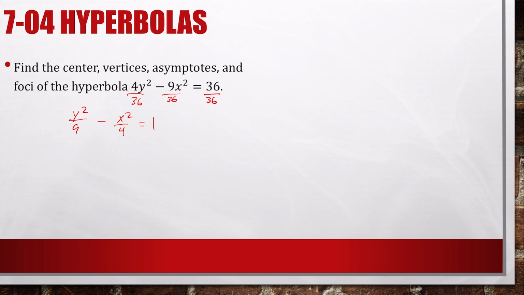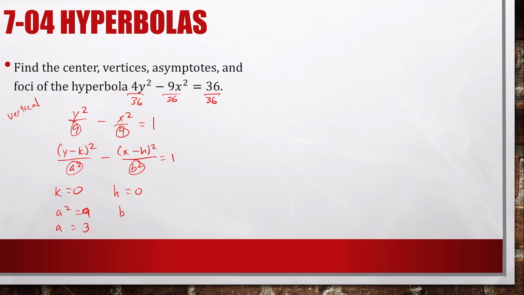Since the y comes first, we know that it is vertical. The a squared always comes first in a hyperbola. So from comparing here, we can see that k is 0 and h is 0. We can see that a squared is 9, so a is 3. We can see b squared is 4, so b is 2.